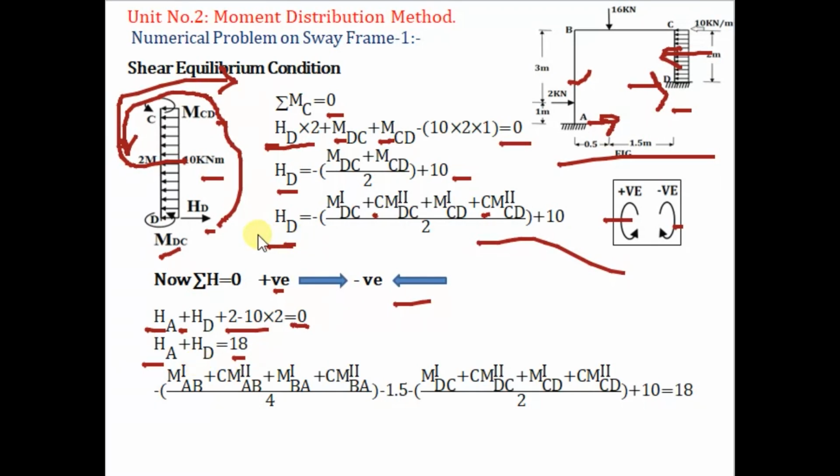Now the above calculated equations in terms of HA and HD are put in this equation. So finally we have this equation in terms of moment only. These moments are again the moment of the non-sway frame and the moment of the sway frame considering the correction factor.